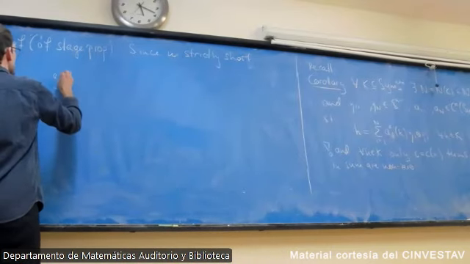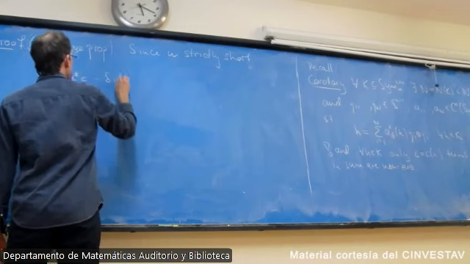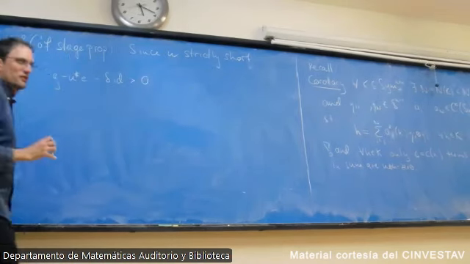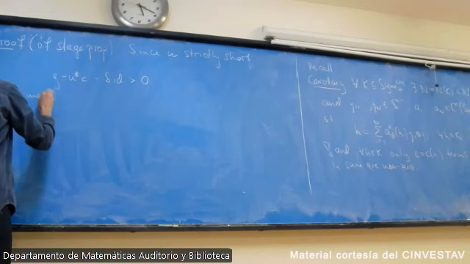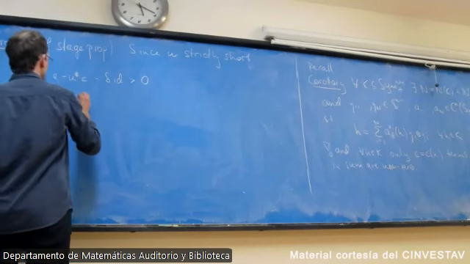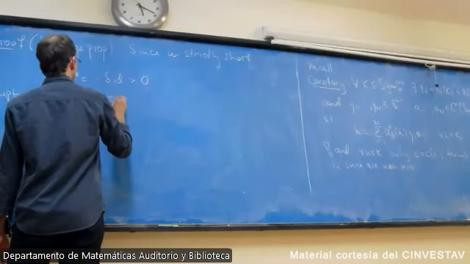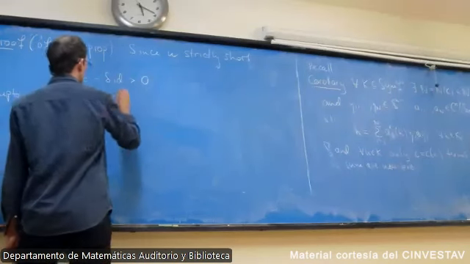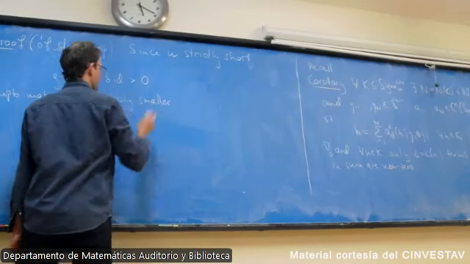So G minus U star E minus delta identity is still positive definite, up to possibly making delta smaller.